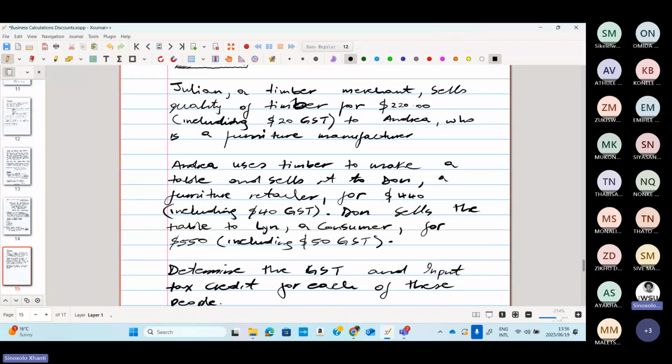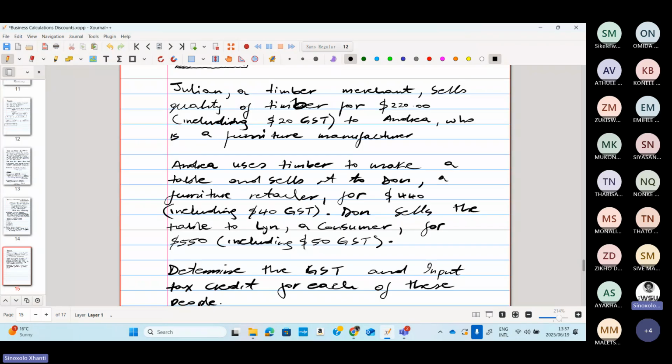Don sells the table to Lynn, a consumer. Now, I want you to determine how much the GST and also the input credit is for each of these people. Analyze this situation and see what you can get out of it that can be understood by everyone. That is the question I have for you.